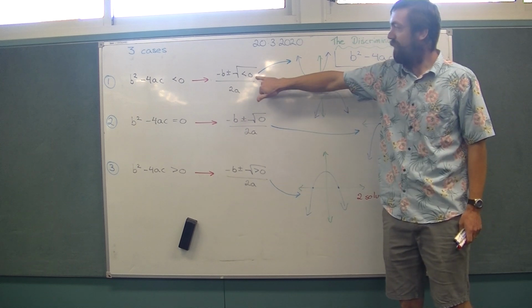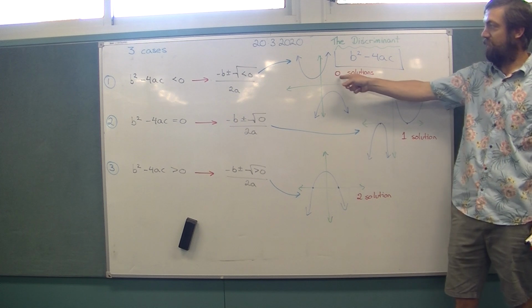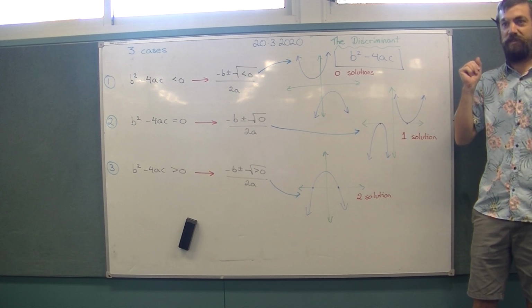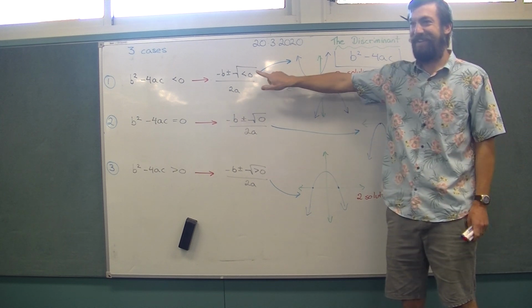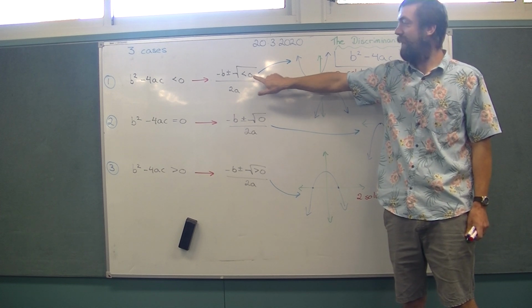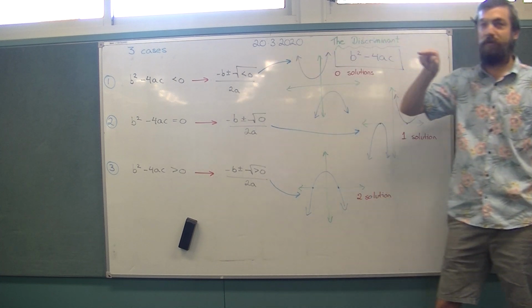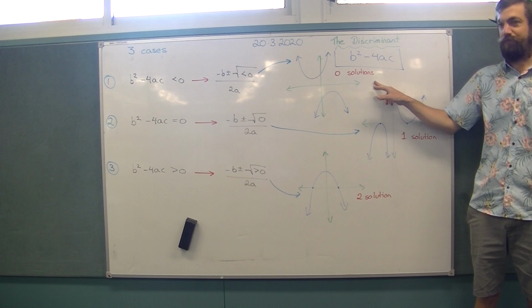Alright? So you can have the discriminant where it's less than 0, which gives you no solutions, unless you're in specialist, in which case you can make up some numbers. Less than 0, so at this point here, if you've done your maths right, you'll see a negative number. Obviously we can't square root a negative number, so you stop and you say there are no solutions. Right? Fairly straightforward.